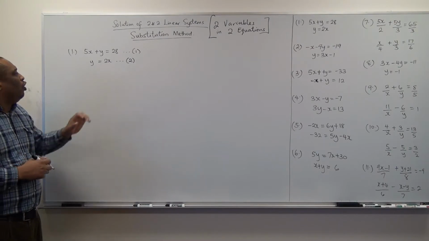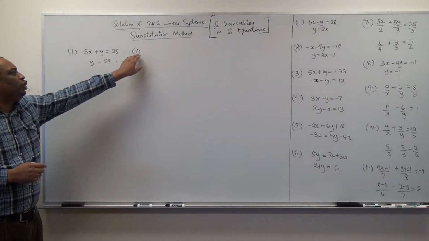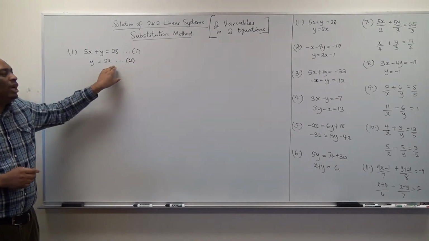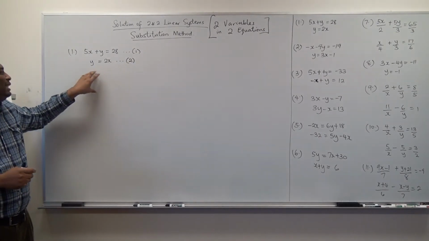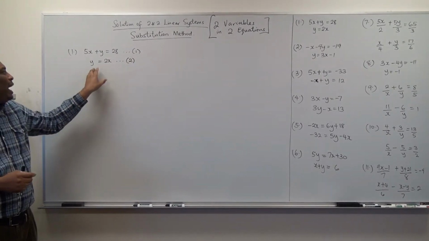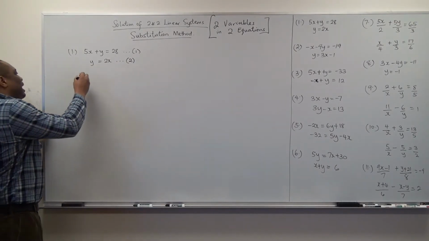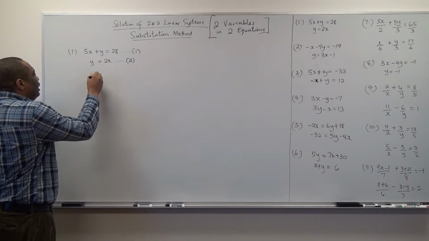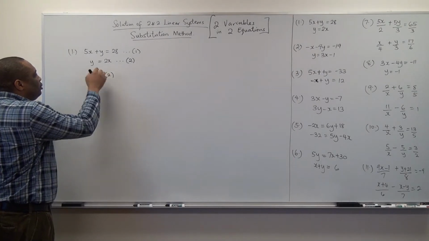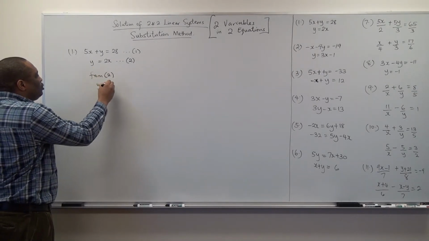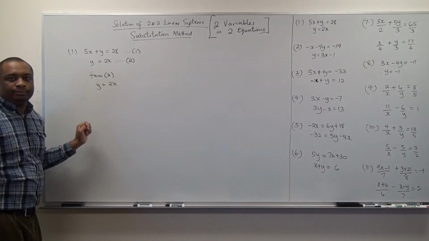So we don't want to use equation 1, we want to use equation 2 because it makes it easier for us since y is already isolated, y is equal to 2x. So we now say from equation 2, we have that y is equal to 2x.